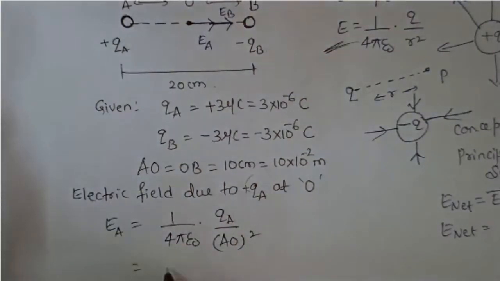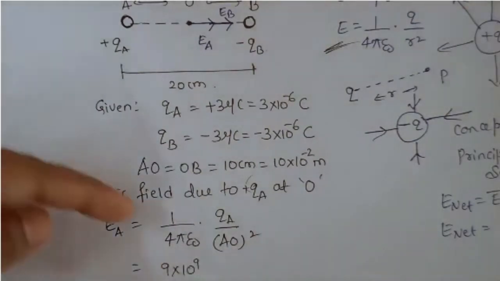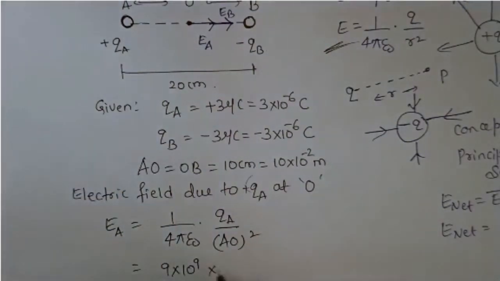Now substitute. 9 into 10 raised to 9 is the value of constant, right? Remember it. QA is 3 into 10 raised to minus 6 divided by AO, that is 10 into 10 raised to minus 2 the whole square.